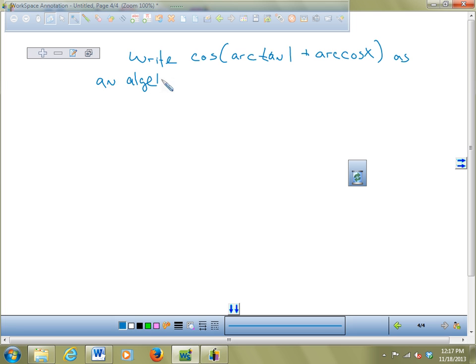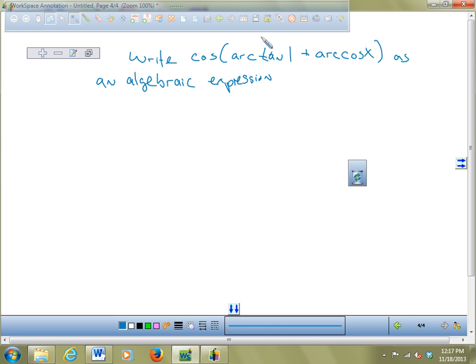That is, an expression that doesn't have sines and cosines. Again, this might be something just to work on trig identities, but you might also see something like this in calculus where you want to change it into having no trig functions in there.